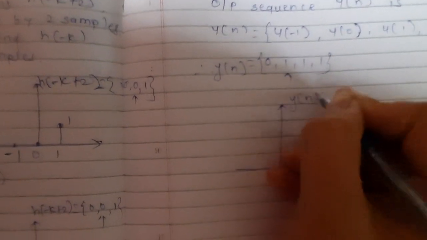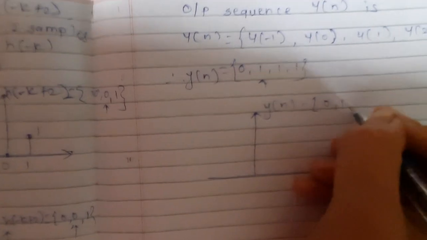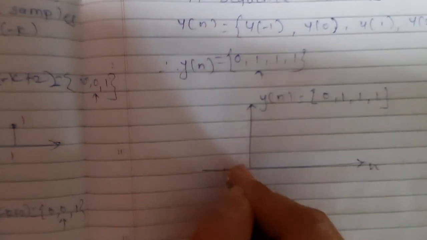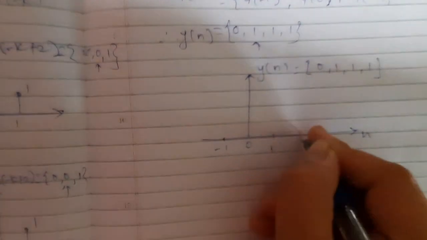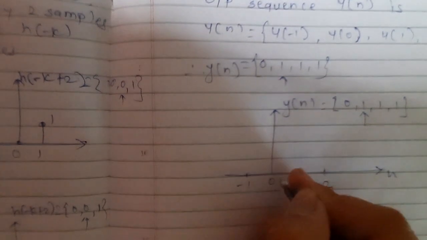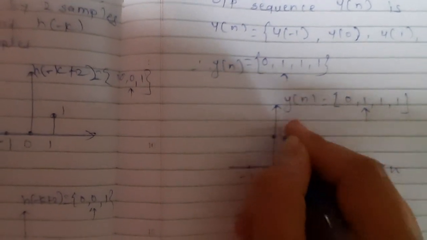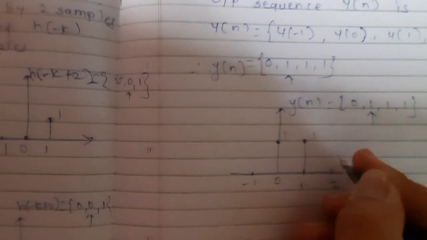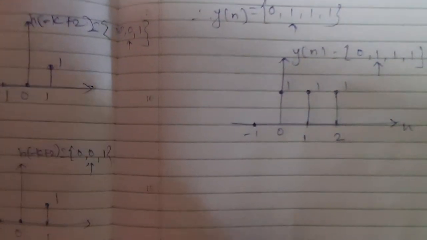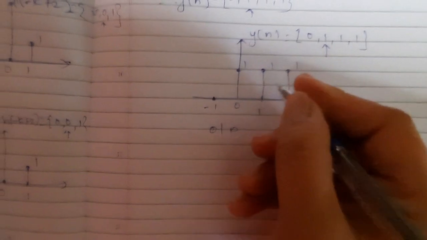For n equal to minus 1, 0, 1, 2, y is 0, 1, 1, 1, and 0. This is the output y of n.